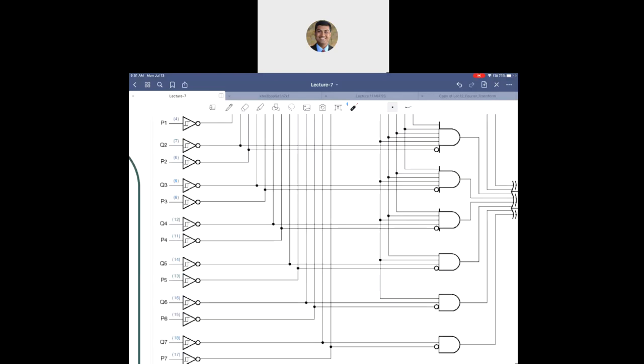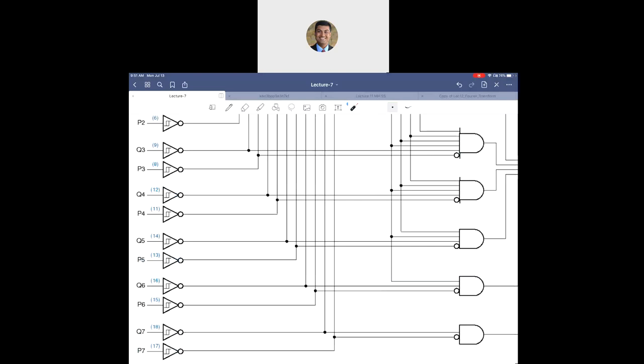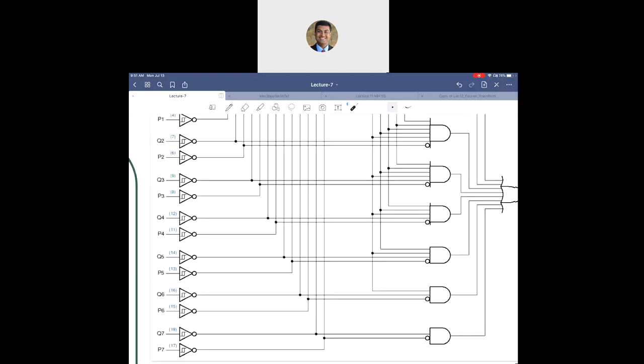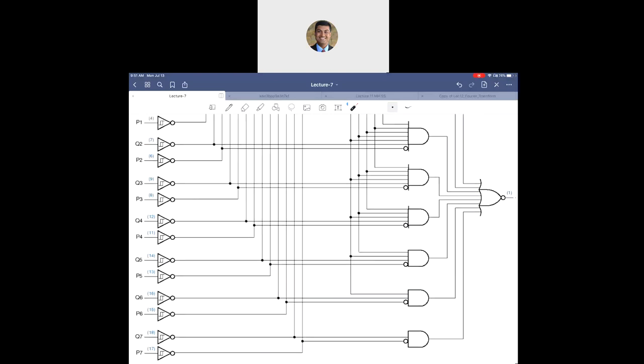All right, hopefully now you are able to see P7 and Q7. Is that right? So here you have Q7 complement and here you have P7 complement.